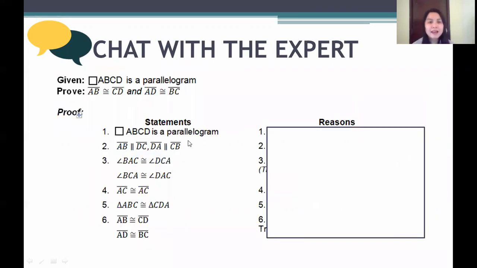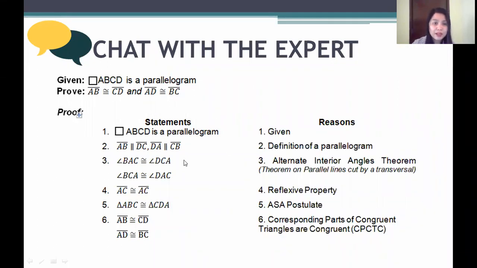Now, let's have this example. Here's the proof for that one. Now, let me go with the first proof on why opposite sides are congruent. Example, ABCD is a parallelogram.